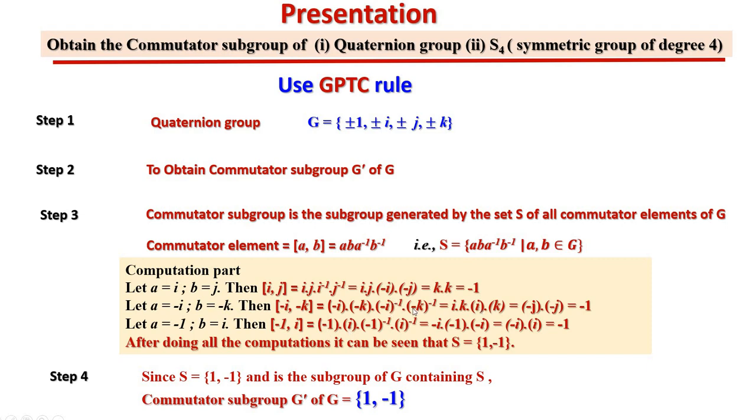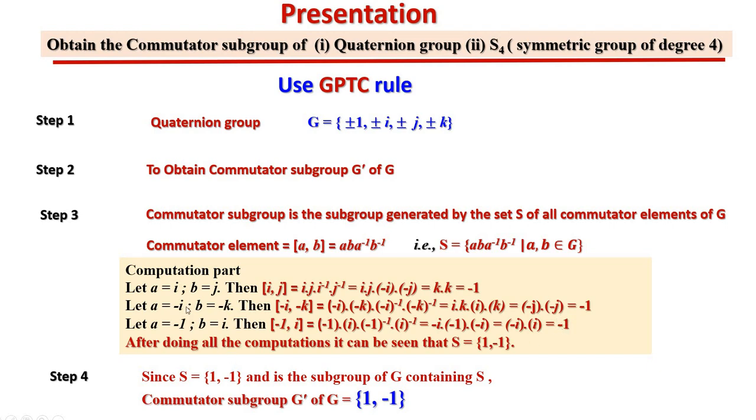Minus i inverse is i, and minus k inverse is k. When you have i times k, it is minus j. When you have k times i, it is j. When you have i times k, it is minus j. So you have minus j into minus j, so that is minus 1. Similarly, if you compute this, i squared is minus 1, so this must be plus 1. This one is plus 1.